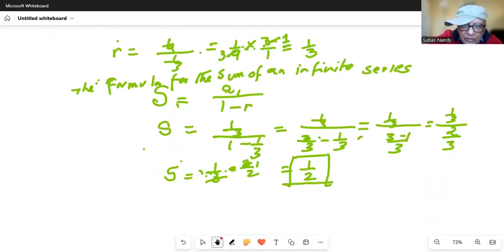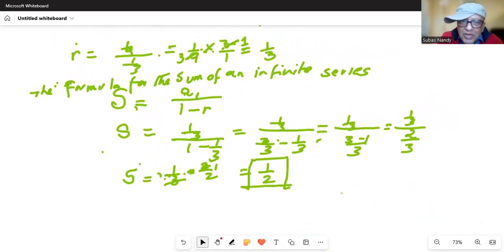So my sum S is equal to 1/3 divided by 1 minus 1 over 3, with r being 1 over 3, the common ratio. Now in the denominator, I will convert the 1 to 3 over 3. Why did I do that? So that I can subtract the other term, 1/3, from 3 over 3. Remember, when you want to subtract a fraction from a whole number, the denominator should be the same.